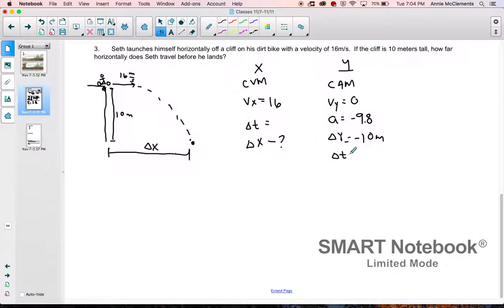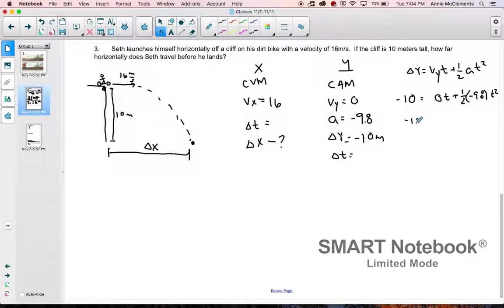So we don't have delta t, but that's okay. We can solve for it, right? Using change in y equals velocity in the y direction times t plus 1/2 acceleration times t squared. So that's going to be negative 10 equals 0t plus 1/2 negative 9.8 times t squared.